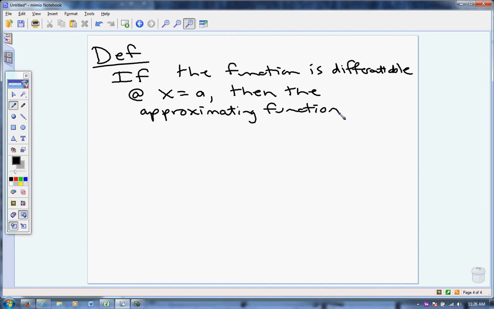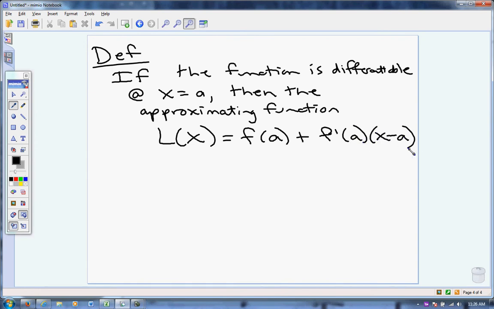The approximating function L of x, I'm using L for linearization, equal to f of a plus f prime of a times x minus a is the linearization of f at a.